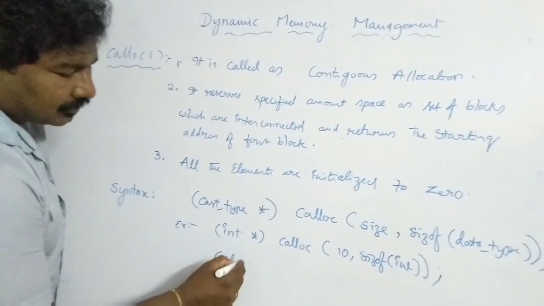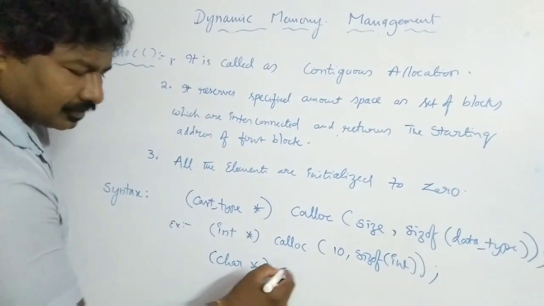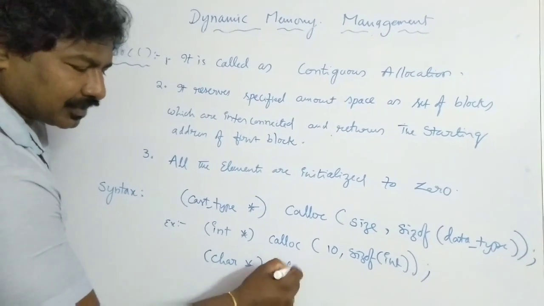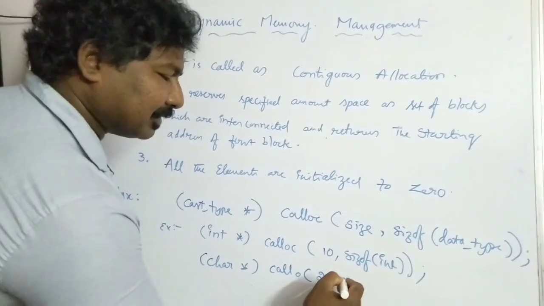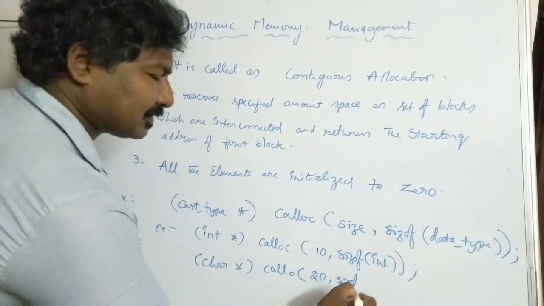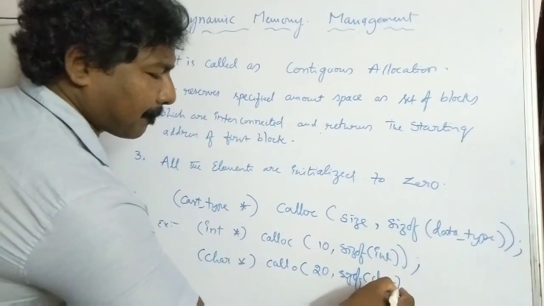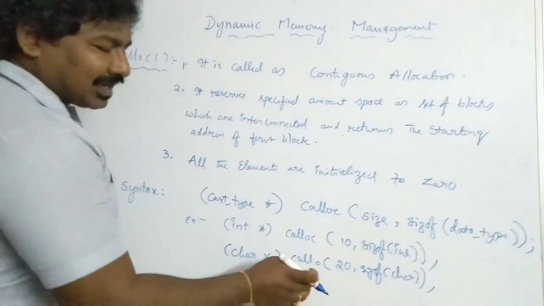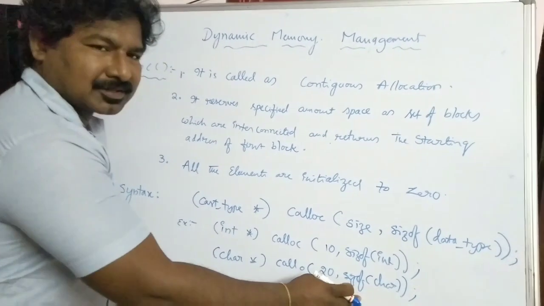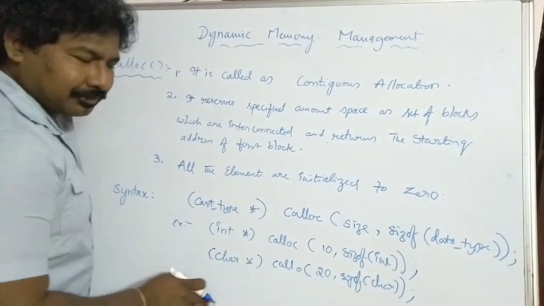You can use it for the character type also: char star, calloc 20 comma sizeof char. You can use it for any kind of data type, friends, but remember that the calloc function takes two parameters, whereas malloc takes only one parameter.